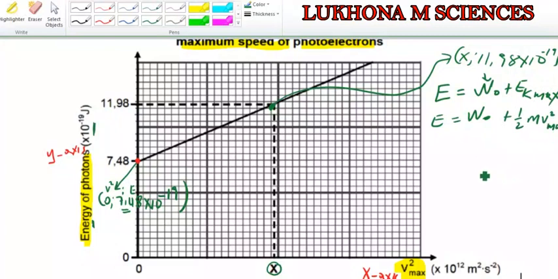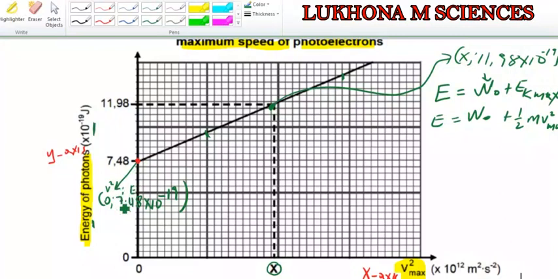Since we are graphing the mv square maximum, we can substitute. You can take any point, but the one that is simple, to get the work function, is the y-intercept.